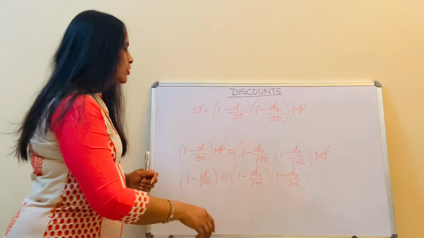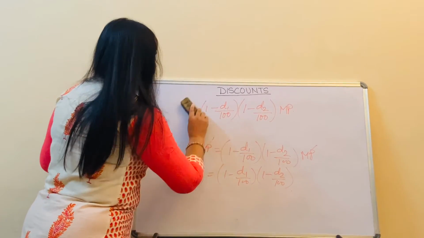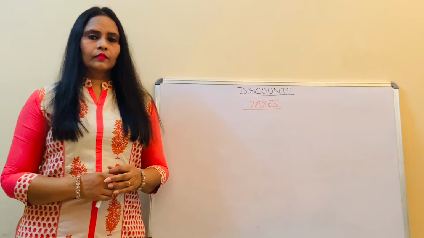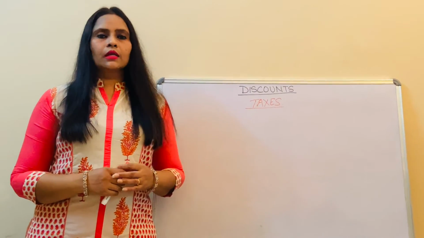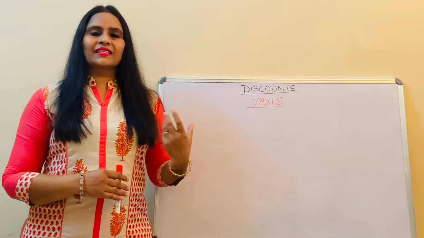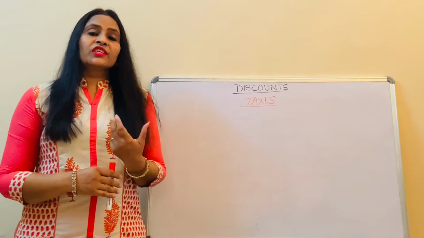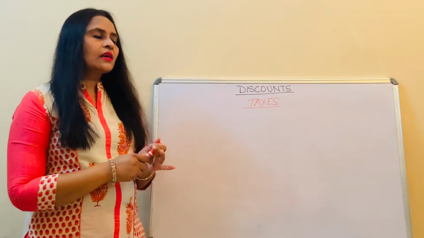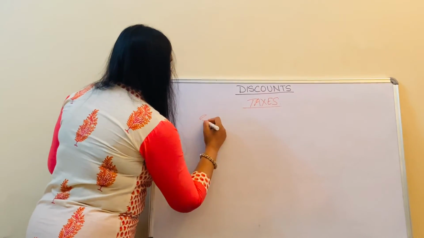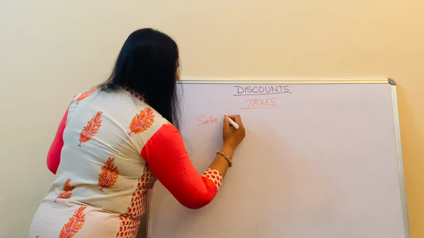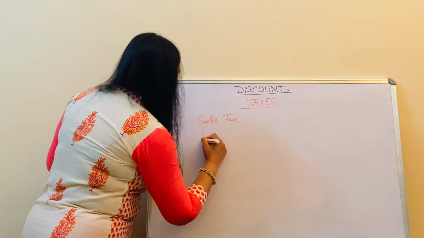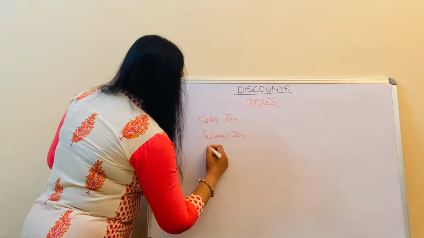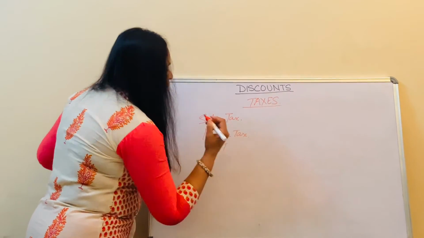Now another topic, a very small topic: the central government and the state government impose some taxes on the public to generate revenue. These taxes are in the form of sales tax, income tax, VAT, and so on.